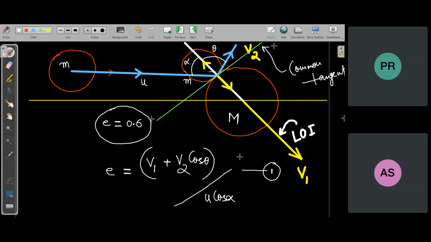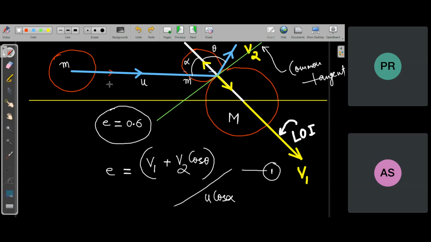Along the common tangent also, the initial momentum of an individual body, not the system, will be conserved. Why? Because if you see, this body is experiencing force along the line of impact during collision, but then no force along the common tangent.